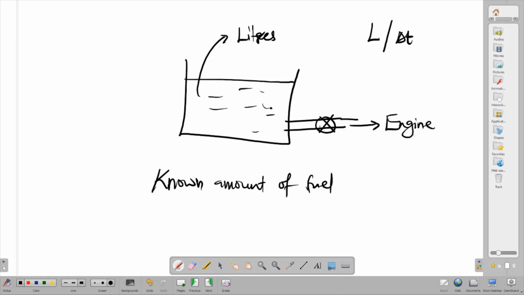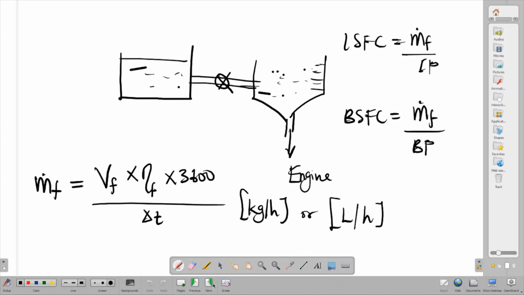The fuel consumption in this case will be in liters per unit time. Another way is to use a flow meter. In this case, we supply fuel through a flow meter and are able to tell the fuel consumption by direct reading.